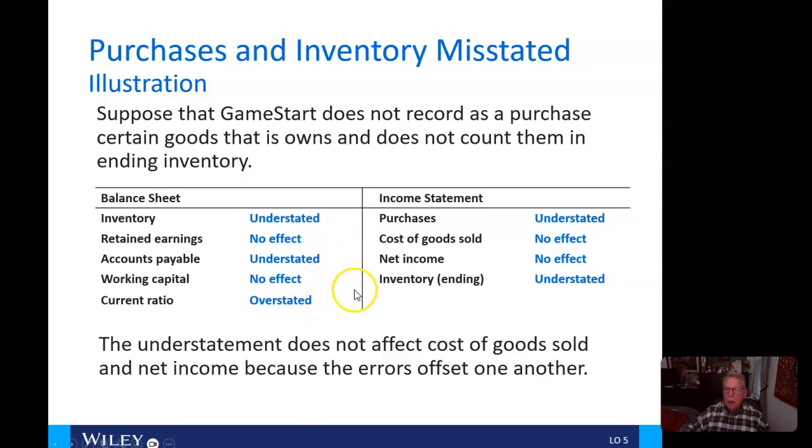From the standpoint of the balance sheet, it doesn't affect the cost of goods sold and net income because these errors offset one another, right? Here, we did not record a purchase that it owned. It didn't count them in ending inventory. We put them over here. All right. I think you all see that.